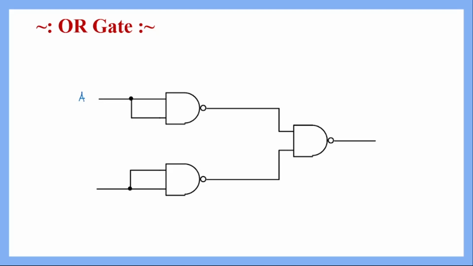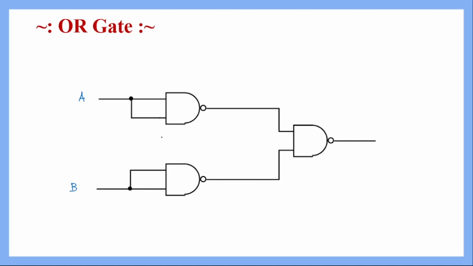There we will have only two inputs, and if those two inputs are A and B, then in our whole circuit we will have only two variables, and by those two variables we have to implement it. So what we have done here is, in the first NAND gate we have shorted both the inputs, and in the second NAND gate also we are taking the second variable B and we have shorted both the inputs.